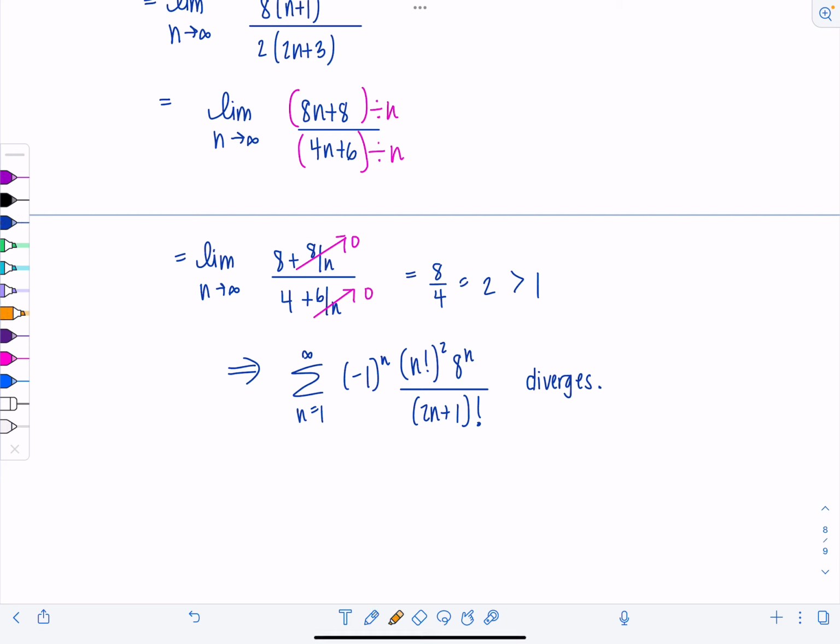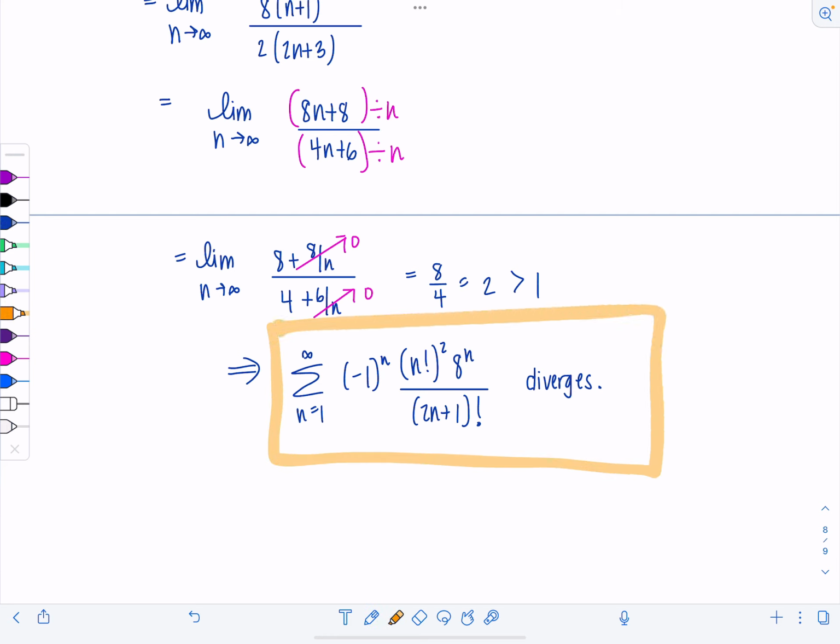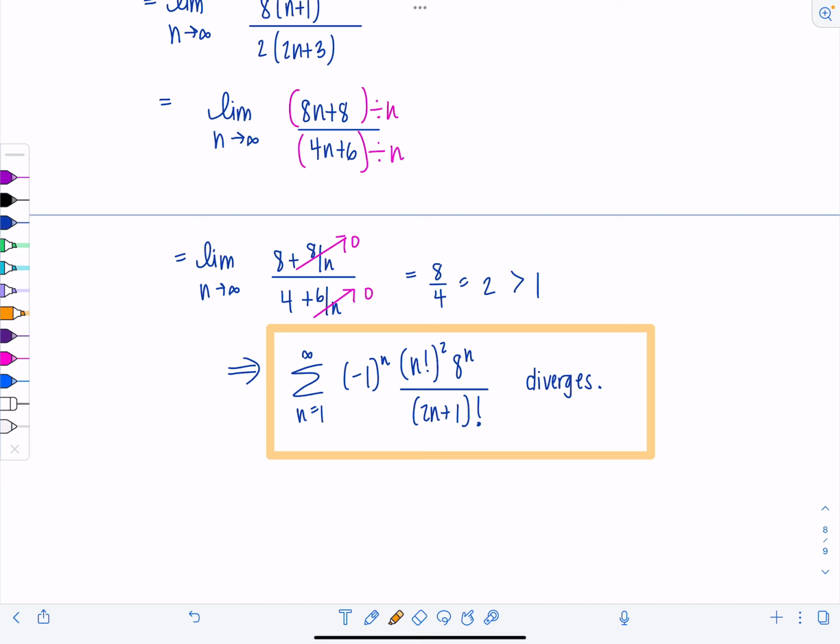And that's it. That is it. So whenever you use ratio or root test, it will automatically tell you either the series diverges, or if this limit comes out to be smaller than 1 instead, then it converges absolutely. Game over. You do not need to test for conditional convergence.